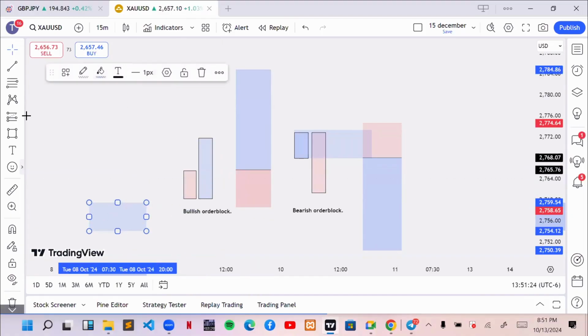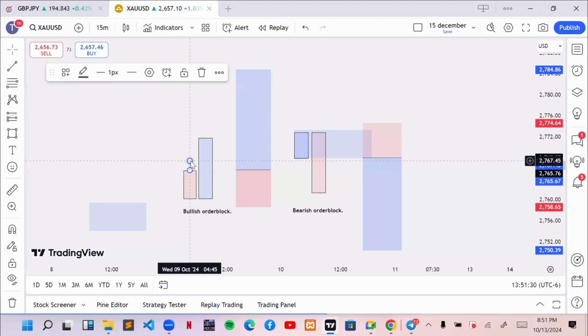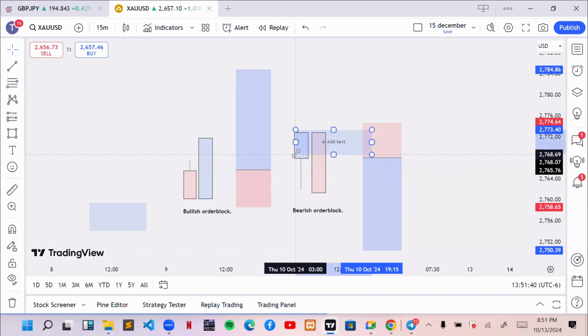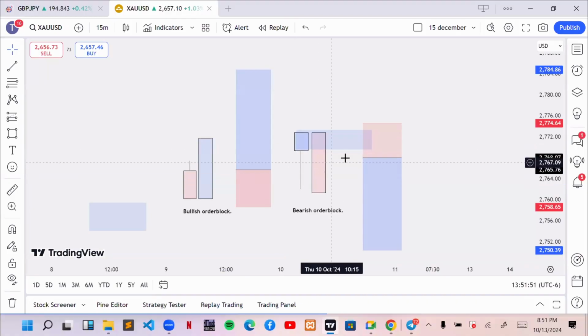For example, if there was a wick here, let's say this is the wick, something like this, and this particular one has this kind of wick. This is the candle, then this is the wick. How do you pick your entry for this kind of trade?